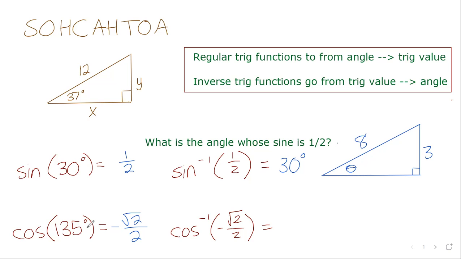We know that because we just did it, it's 135. So an inverse trig function starts from a trig value and backtracks to the angle. It's asking, what is the angle whose sine is 1/2, or in this case, what is the angle whose cosine is negative √2/2?